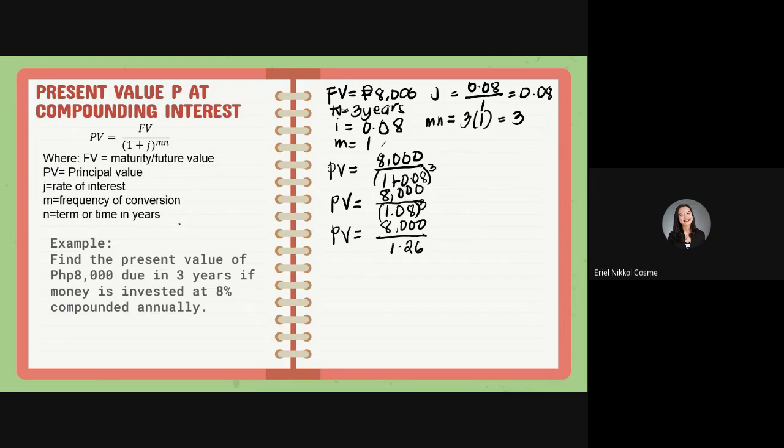Okay? So, 8,000 divided by 1.26, you will have 6,349.21. So this will be your present value. So, thank you for listening.